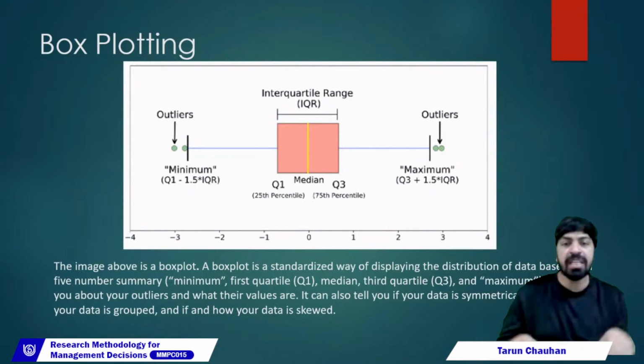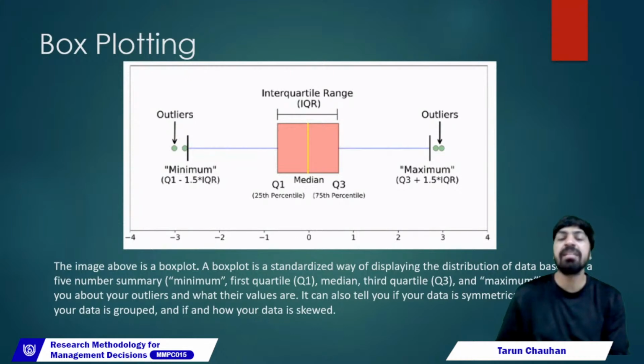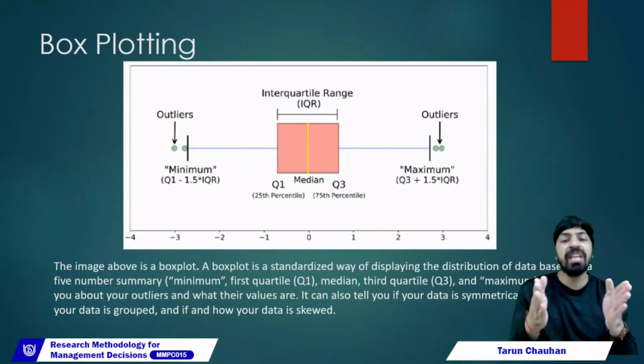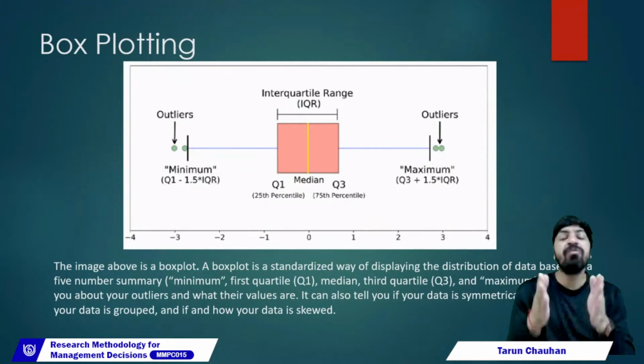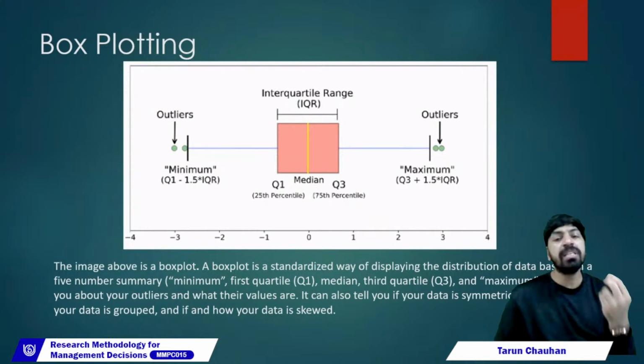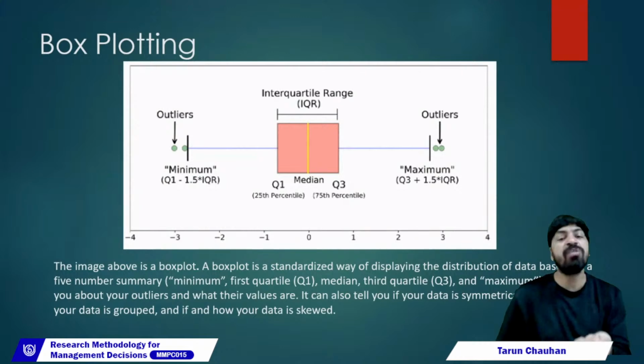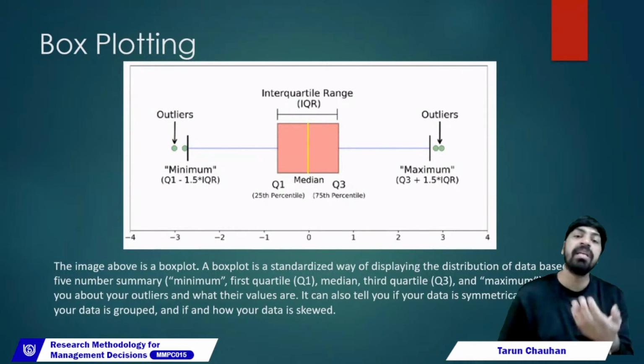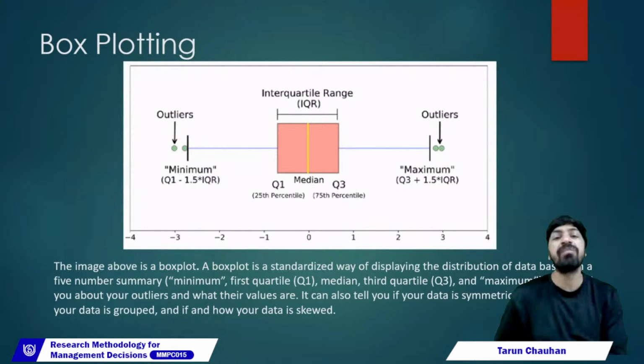When you see the box of the interquartile range, the central line is called the median. That is box plotting. When we draw a box, we classify which values or variables come within the box. The central line is the median, and the box edges are Q1 and Q3.